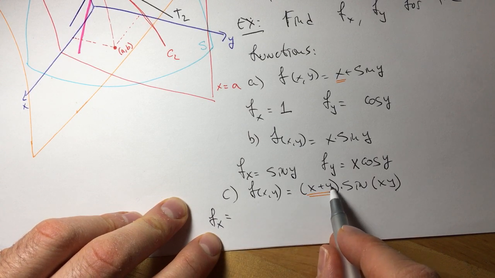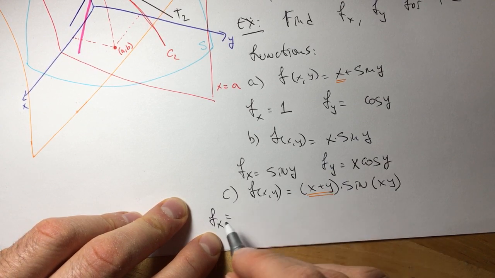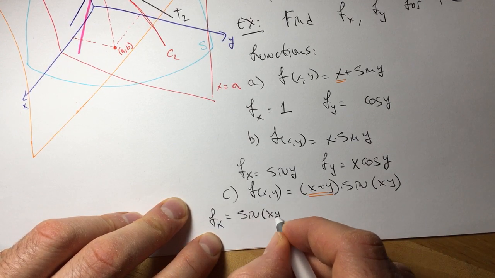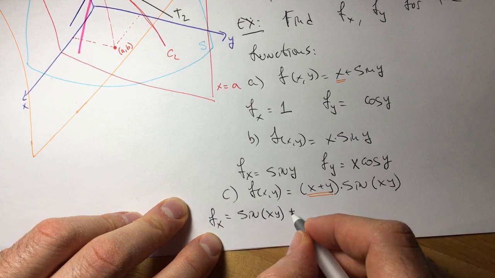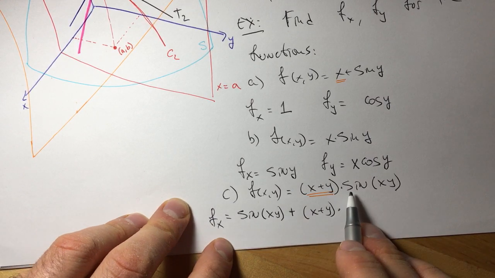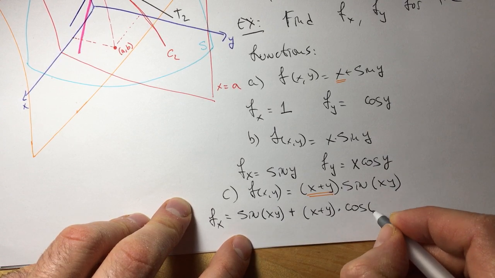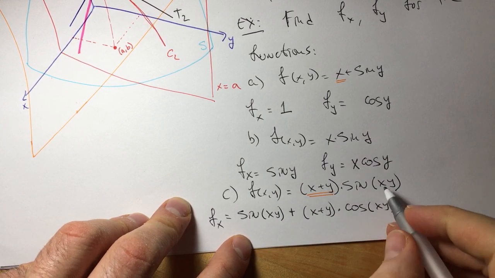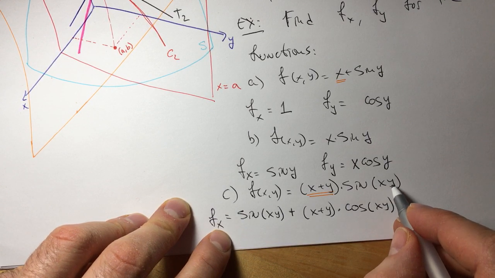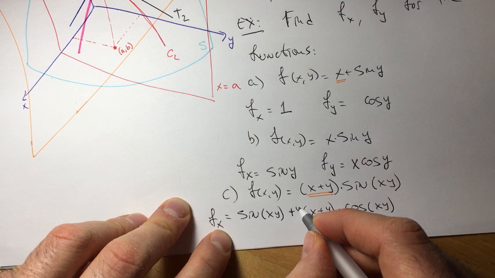So the derivative of x plus a constant is just 1. So you get the derivative of x plus y with respect to x is just 1 times sine of xy, so sine of xy, by the product rule, plus this term right here, x plus y, times the derivative of sine of xy. So here I have to use the chain rule. The derivative of sine of xy is cosine of xy times the derivative of x times y. Because I'm looking for the derivative with respect to x, I treat y as a constant, so the derivative of x times a constant is just that constant, so y.